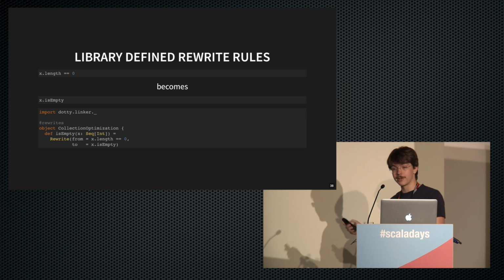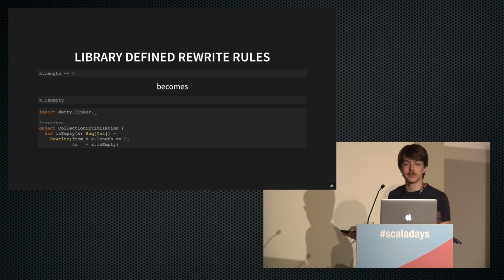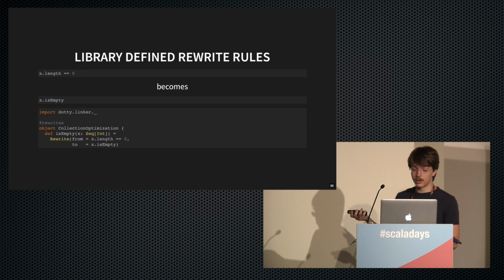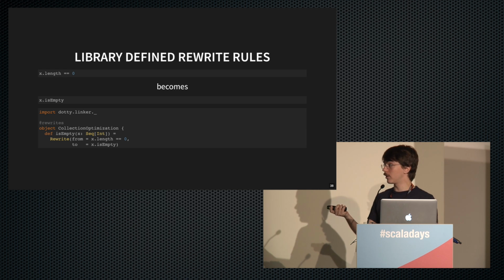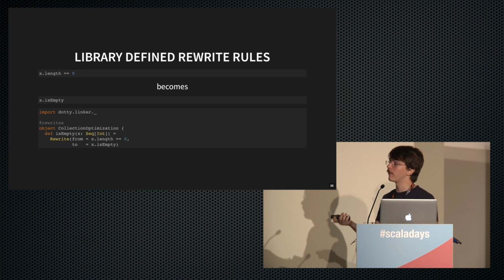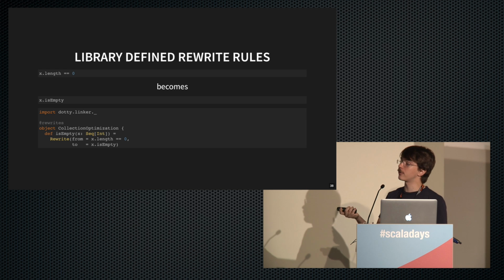I don't want to compute length if I'm interested in whether the collection is empty. And I'm introducing rewrite rules here. So what this says is this is an object which contains rules, which will start rewriting your program. And this particular rule says for an arbitrary sequence, if you have an expression like this, then rewrite it to this.